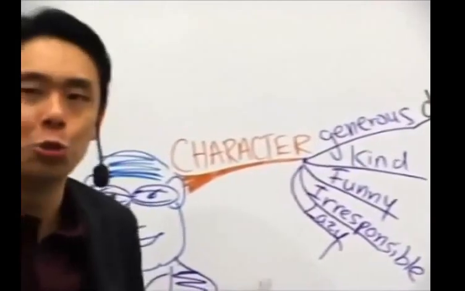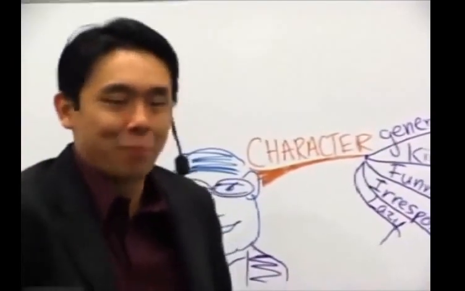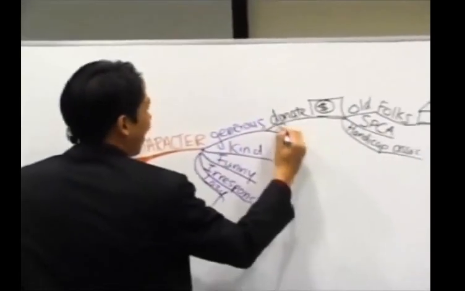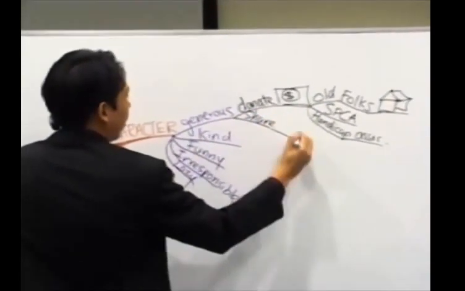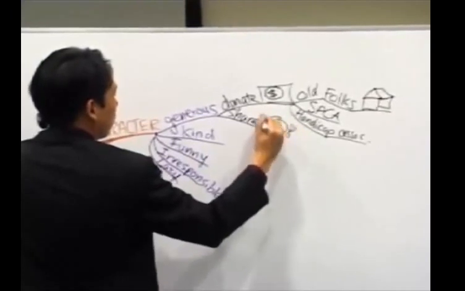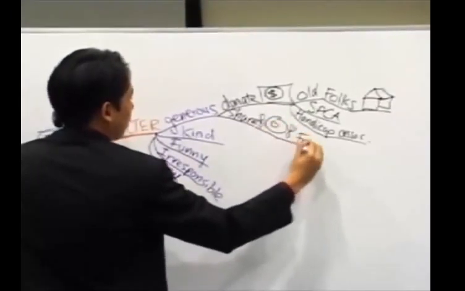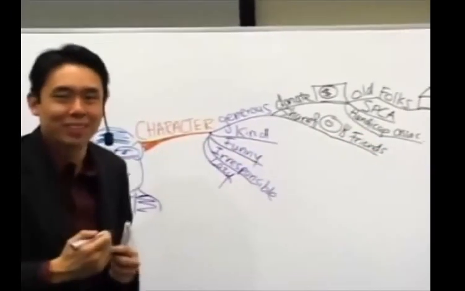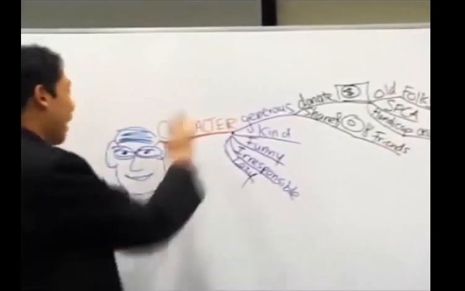Maybe he likes to share his food with his friends, for example. Okay, so under generous, you can put on the next main point, which is share food. Again, I could draw something to represent food. Friends. Again, it's a strange way of being generous, but I'm just giving an example here, right? Some crazy examples.